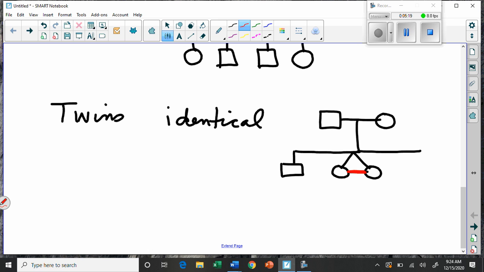That means identical. The two angled lines that I'm drawing in green mean twins. Okay, and maybe they had another younger daughter, whatever. So that right here indicates how we deal with identical twins in a pedigree.